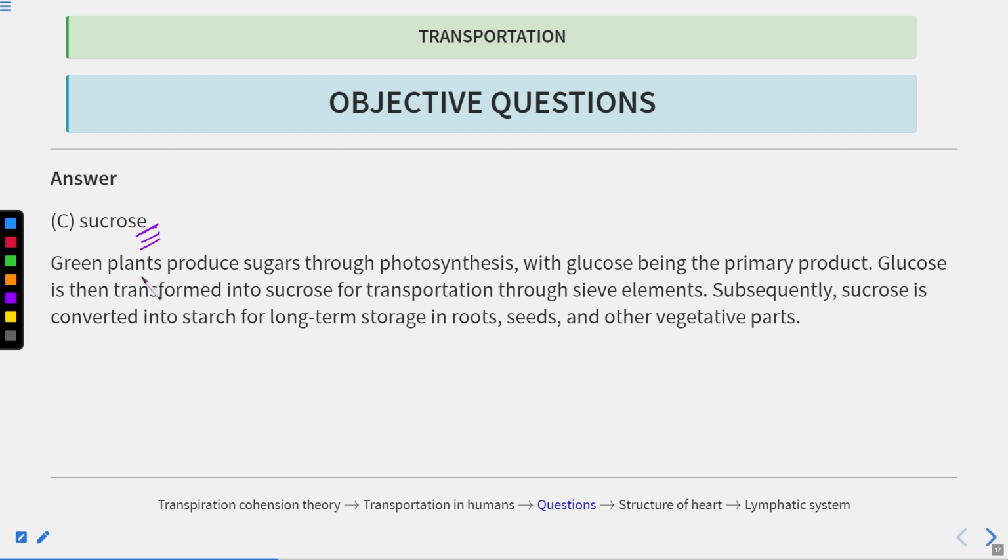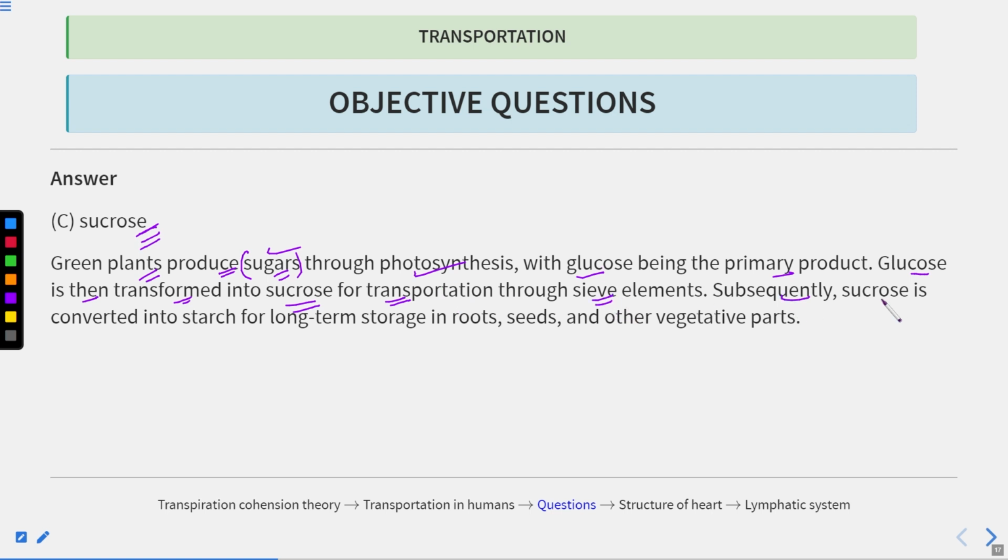The green plants, they produce the sugars through photosynthesis. So during photosynthesis, oxygen is produced as a byproduct and the carbon dioxide is fixed into the sugars. Now, with glucose being the primary product, glucose is then transformed into the sucrose and then it is transported through the sieve elements.